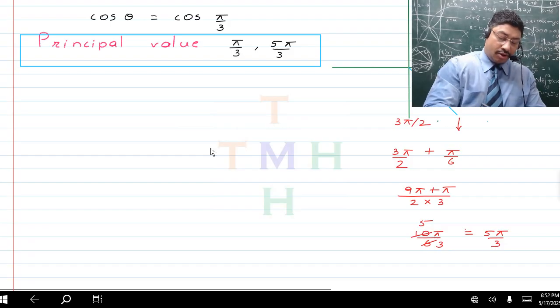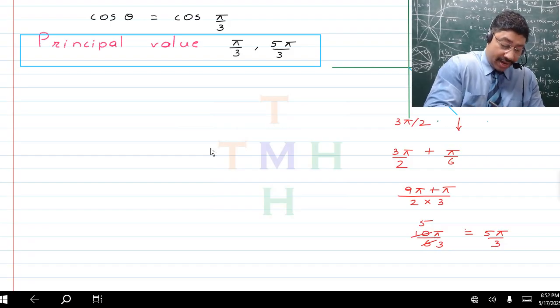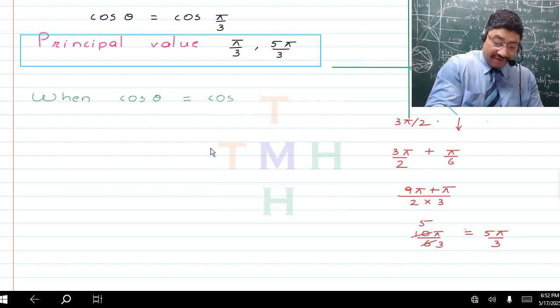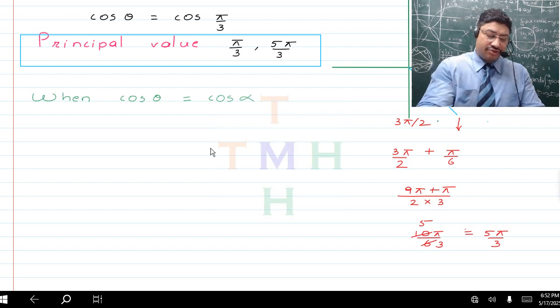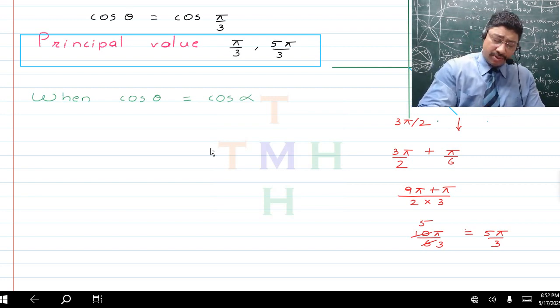If you talk about when we have cos of theta, which is equal to some cos of alpha, where alpha is any angle in between 0 and 2 pi, then children, what we do is we have a formula. We get the general value of the angle, right?